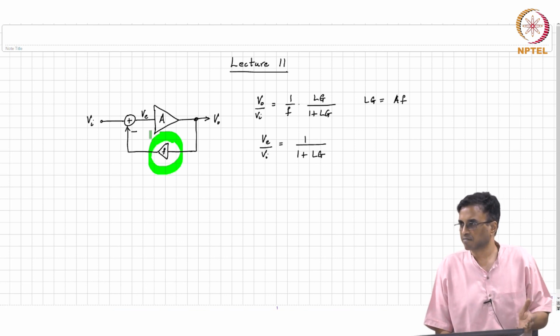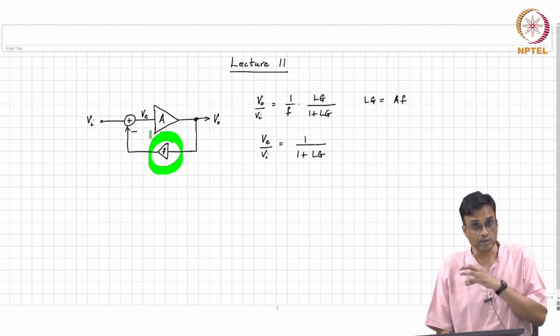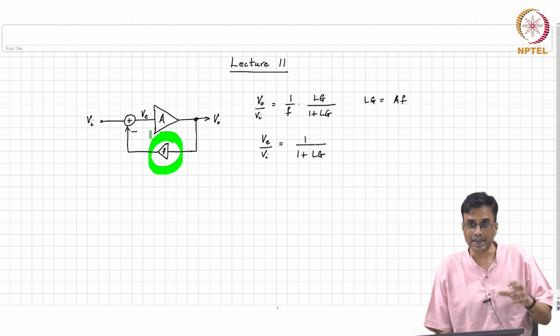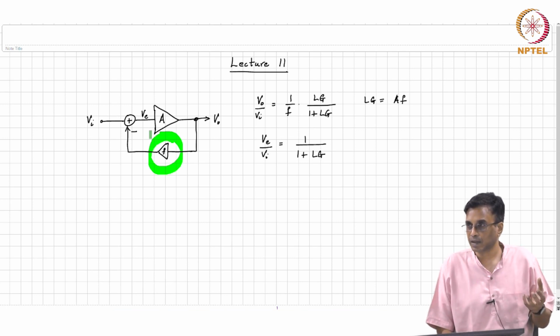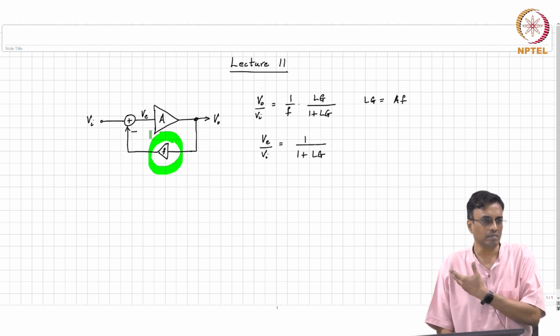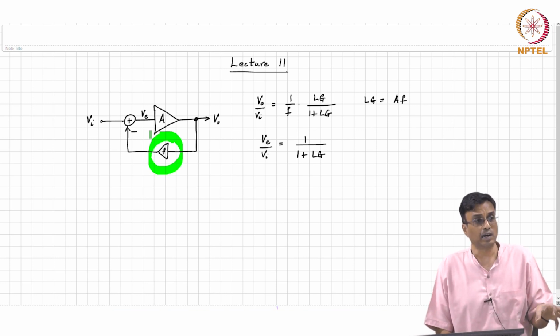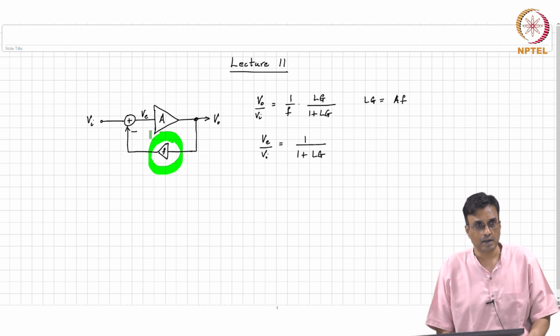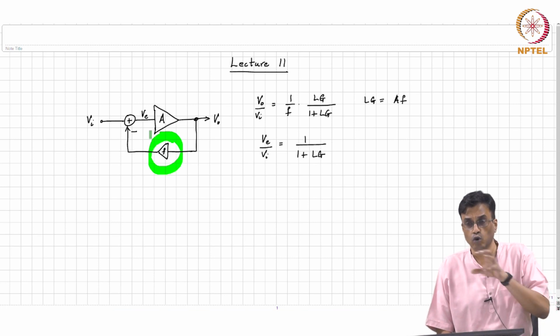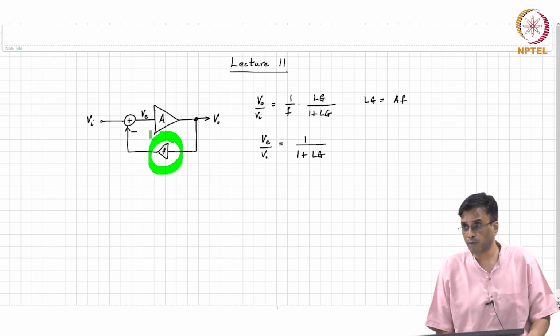But fortunately, thanks to negative feedback, if that gain is large enough, the sensitivity of the closed loop gain, or the input output Vo by Vi, to changes in the gain of the forward amplifier is actually very, very low.